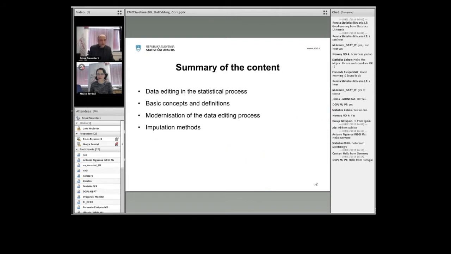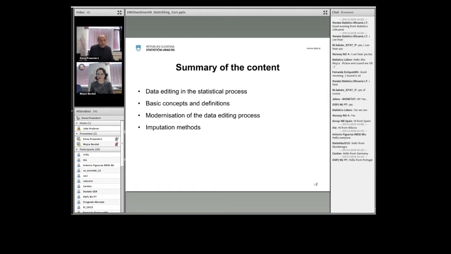So just a quick summary of the content. At the beginning, we'll look at data editing and the whole statistical process, where we can place data editing in the statistical process. Then I will introduce some basic concepts and definitions. And then we will go to the main question of this presentation: how to make the data editing process more modern and more efficient, and I will try to give some guidelines on the direction someone should go who is trying to make the statistical data editing process more efficient.